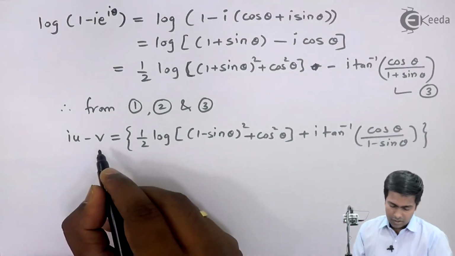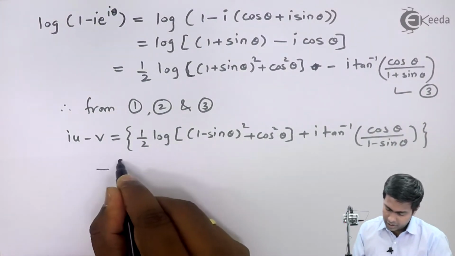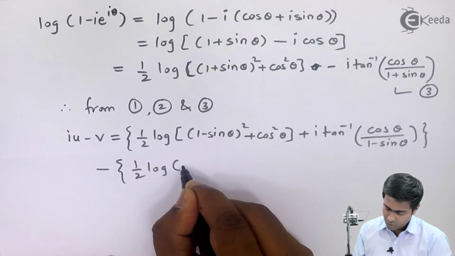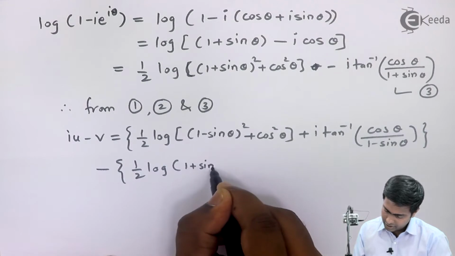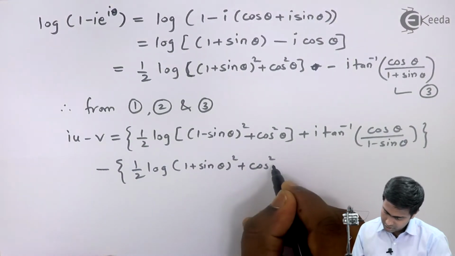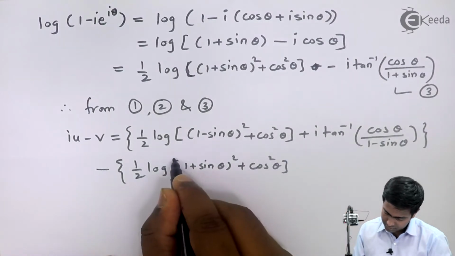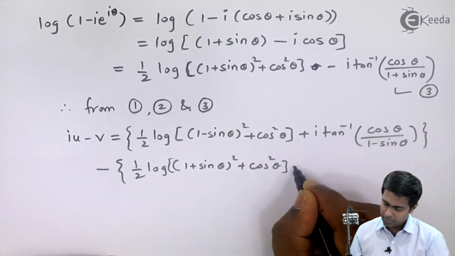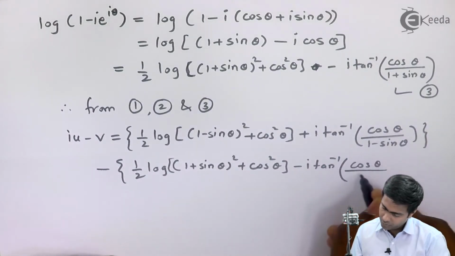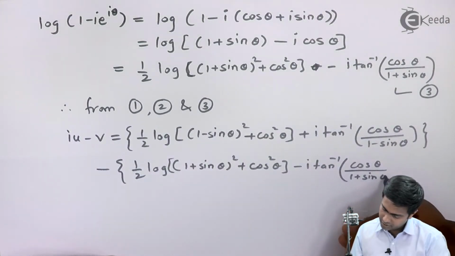Similarly, the second term will give us 1 by 2 log of ((1 plus sin theta) the whole square plus cos square theta), and that will become minus i tan inverse of (cos theta upon 1 plus sin theta).